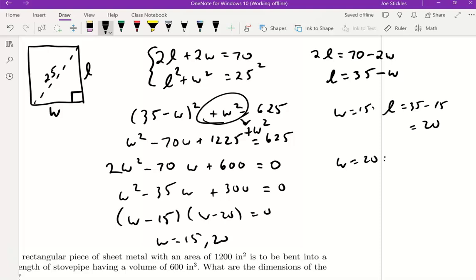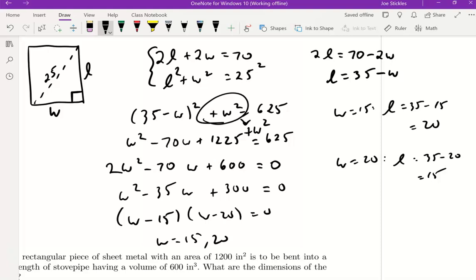If your W is 20, you get 15 for the length. Oh, it makes me feel so much better. This makes sense to me. I apologize for that. Got the W squared in there.